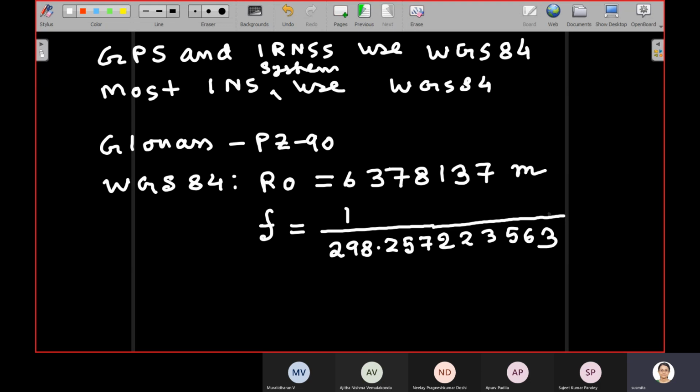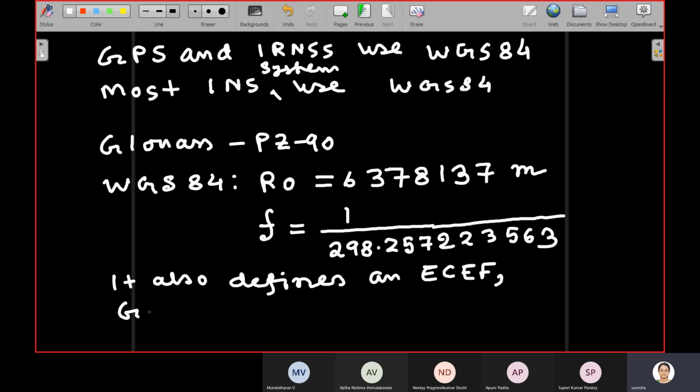So apart from this, the WGS 84 also defines the ECEF coordinate frame. Then it provides a geoid model or geoid table.